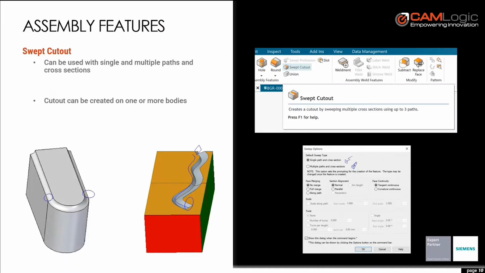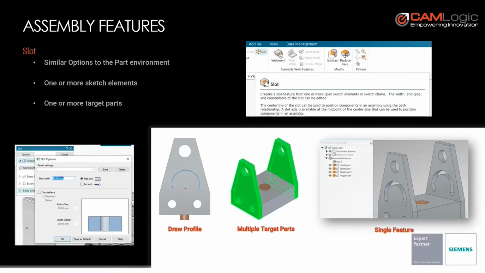So the first one is the swept cutout. You can see it takes your cross section and sweeps it across the part. It can be used with single or multiple paths and cross sections. You can also use it on more than one body as well. Another one is the slot. It's similar to the slot in the part environment.